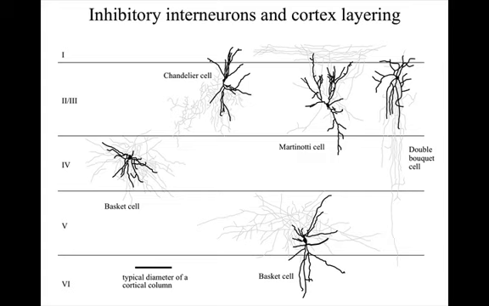Other interneurons target dendrites close to the soma, and yet others target the actual somas. Some even target the early stages of the pyramidal axon. And these differences in position determine the type of effect an inhibitory interneuron input will have.